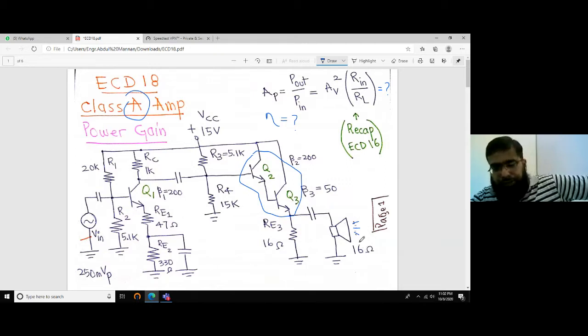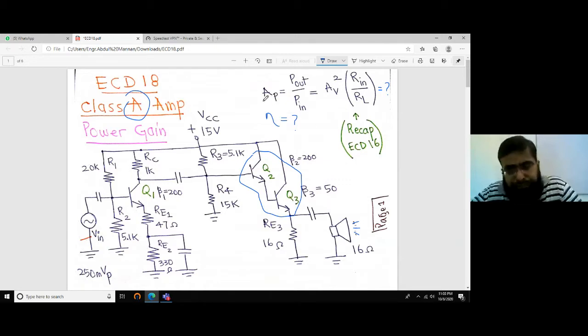And for the AC power supplied to the load in the numerator, we put its RMS value, because RMS is equivalent to the DC or average value. So both formulas we studied in our earlier lectures. In this lecture, we're going to find AP and eta for this multi-stage amplifier.